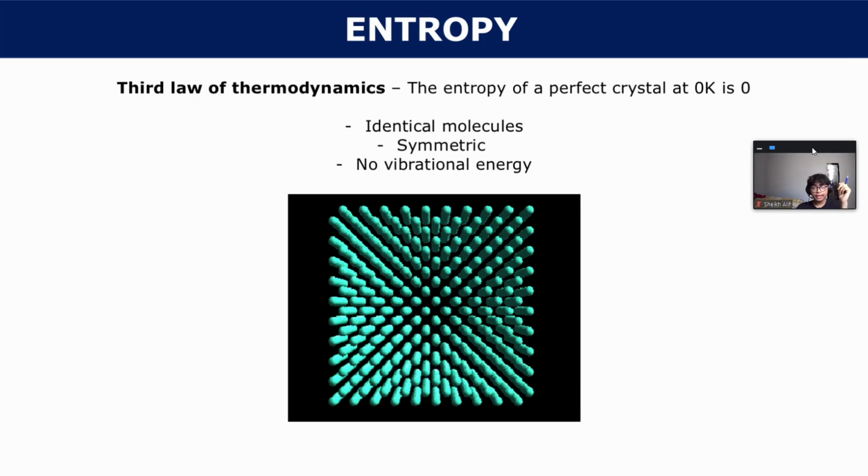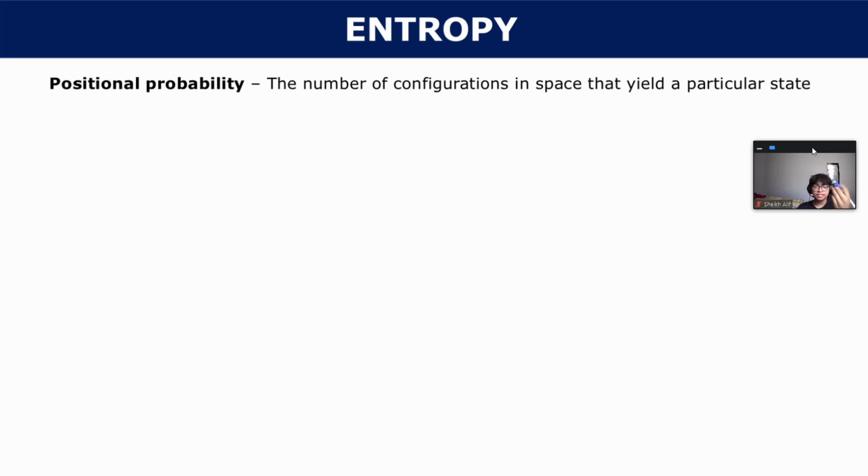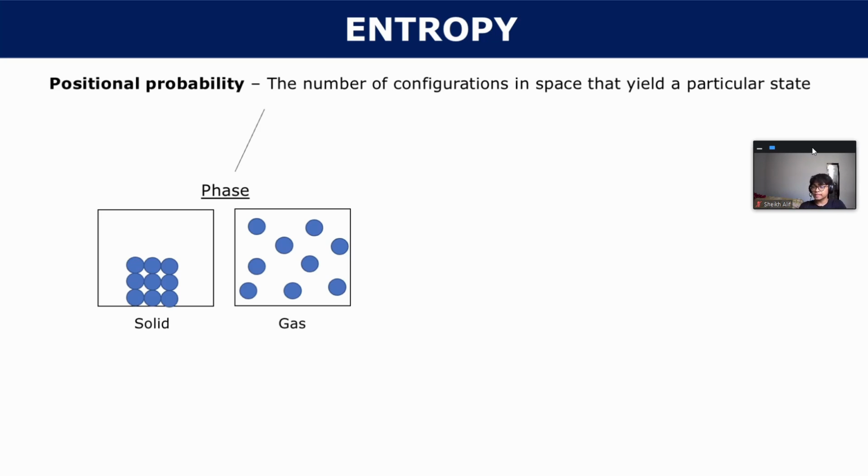Now, entropy is very much dependent on positional probability. And positional probability is the number of configurations in space that yield a particular state. So, for example, in phases, you have a solid that has molecules that are tightly packed together, but in a gas, they're more spread out.